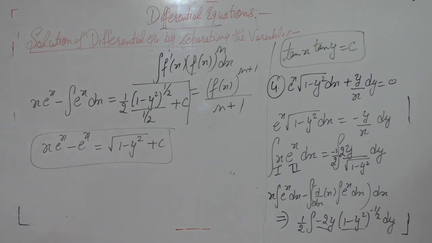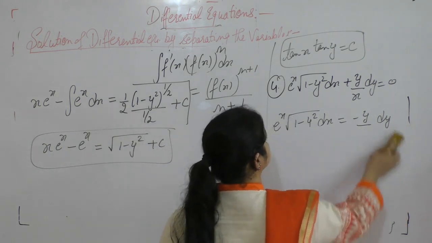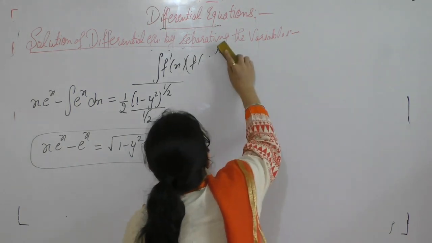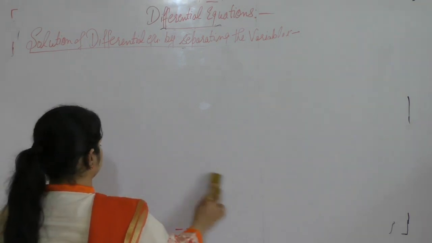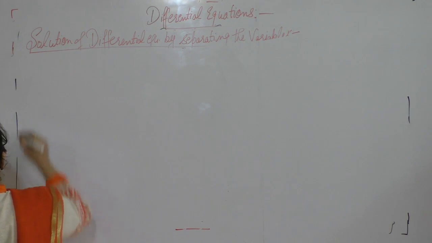Next is question number 5. Write down question 5.